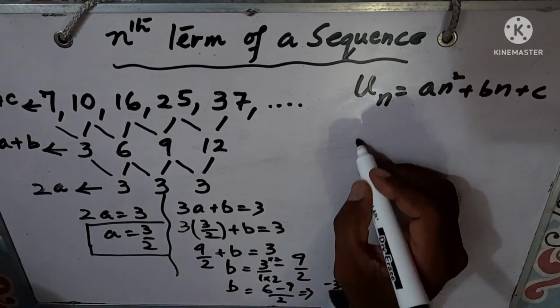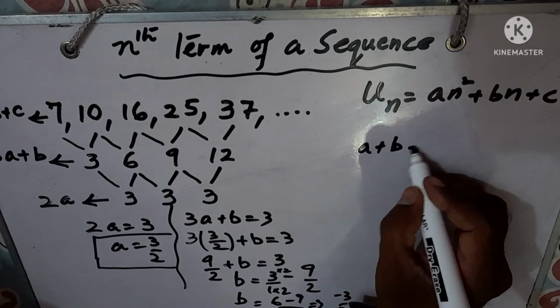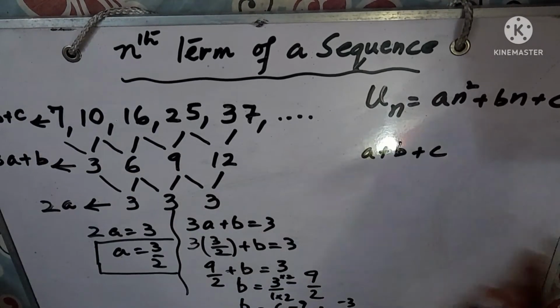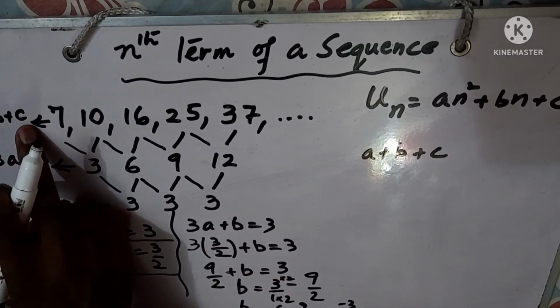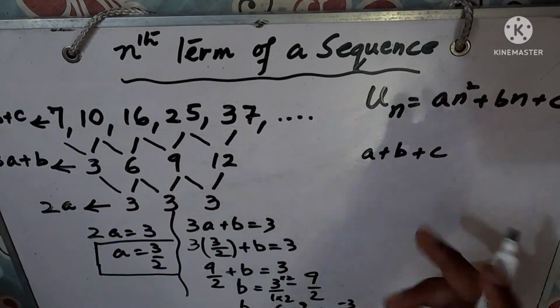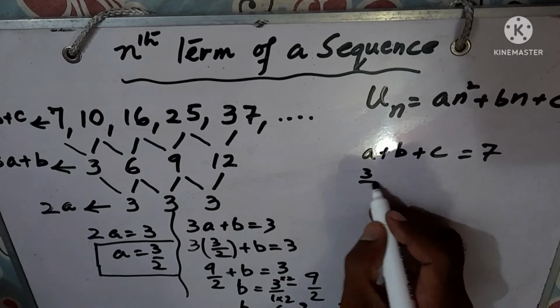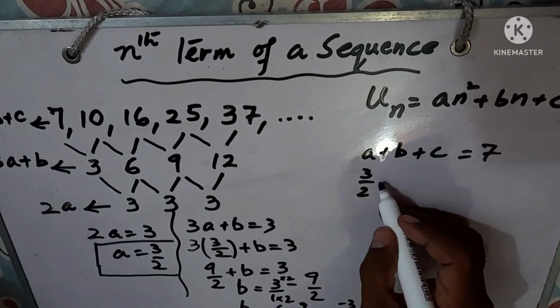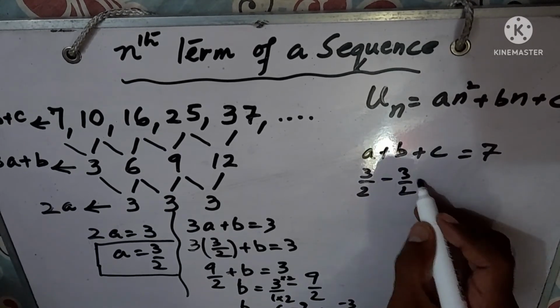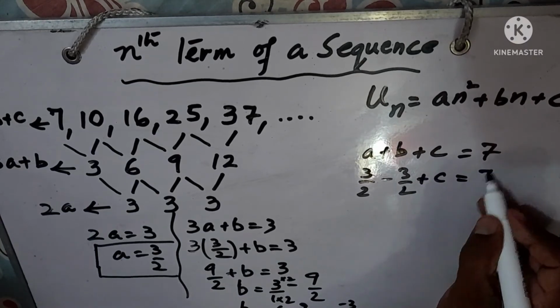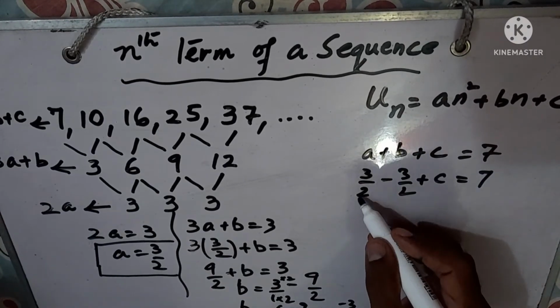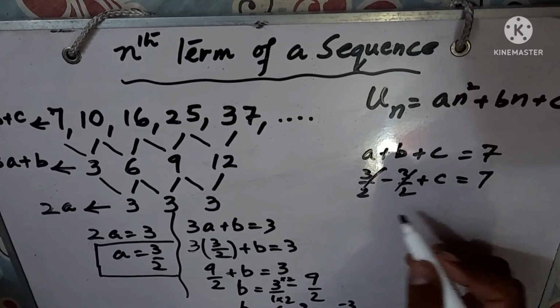So my a plus b plus c, as I have mentioned here, a plus b plus c is 7. I will be writing this as 7. My a value is 3 over 2. My b value is minus 3 over 2, plus c equals 7. I know that 3 over 2 and minus 3 over 2 will cancel each other.